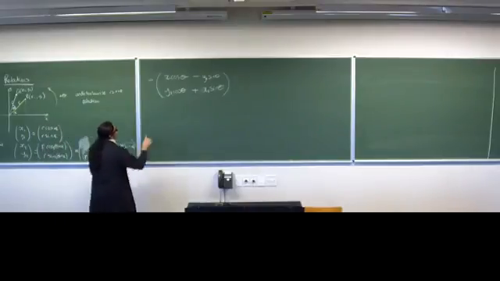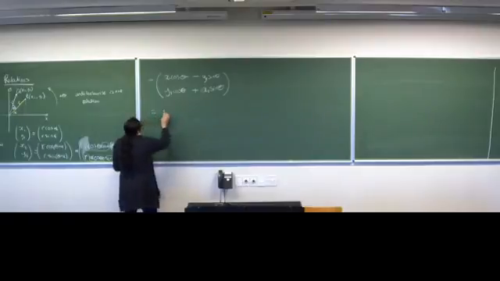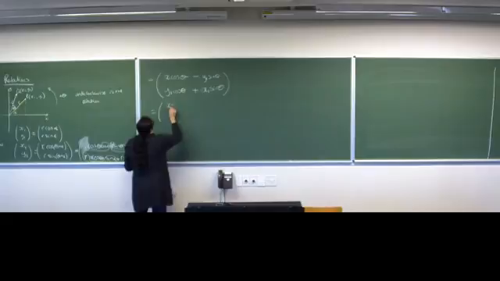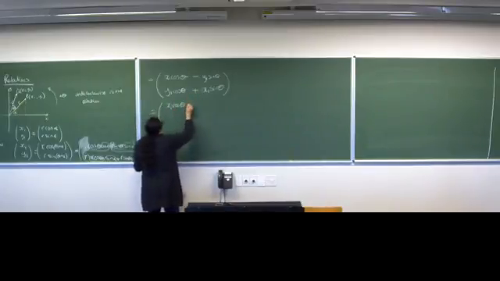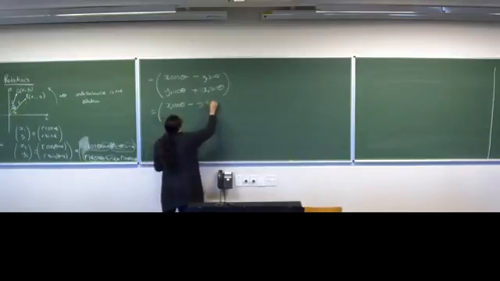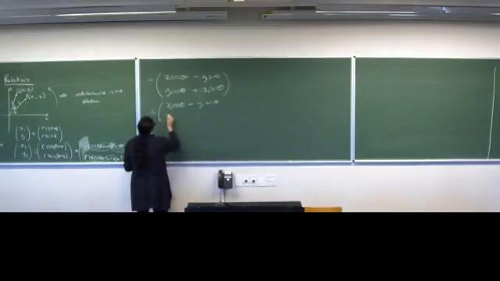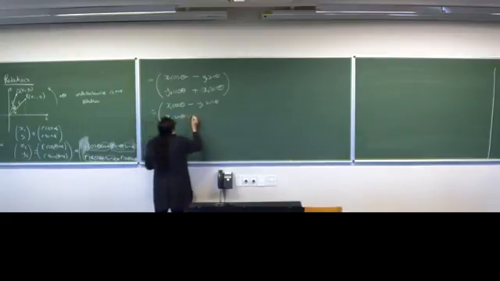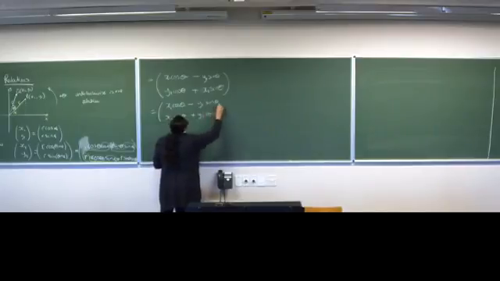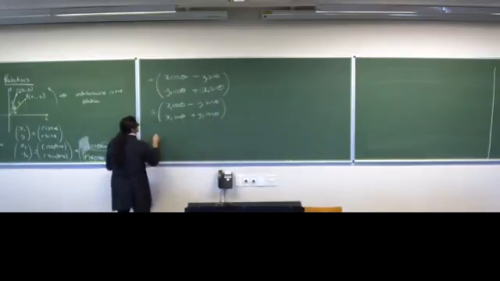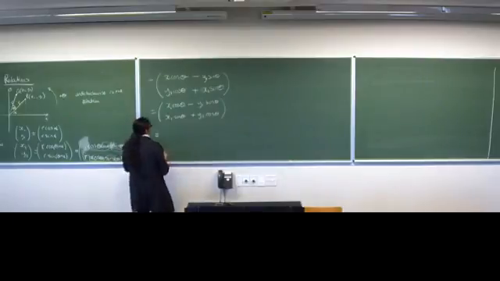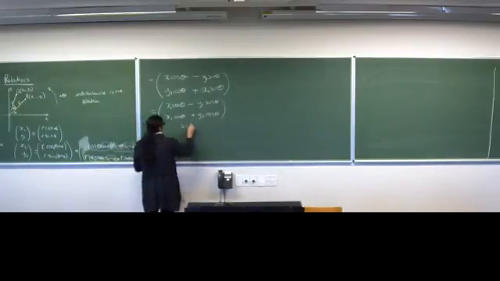Now I'm going to rearrange the bottom one because I want the x1 to lead. So x1 cos theta minus y1 sine theta, and then x1 sine theta plus y1 cos theta. Now this is a 2-by-1 matrix.